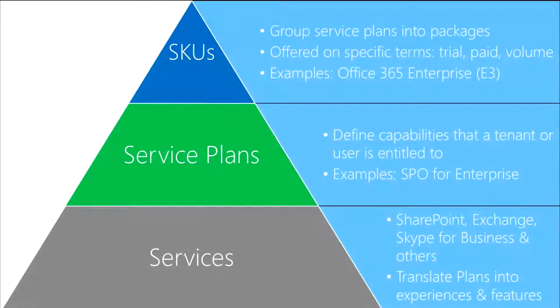And as I mentioned, Office 365, essentially what we have is a number of services. So those services, of course, are products like Microsoft Exchange, Skype for Business, and the all-important SharePoint. We then place them into service plans. And as I mentioned, Plan 1, Plan 2, and so on. And then what you purchase are the SKUs.